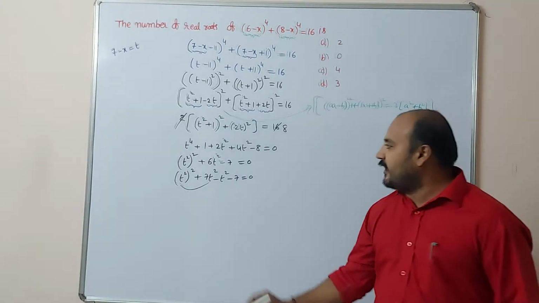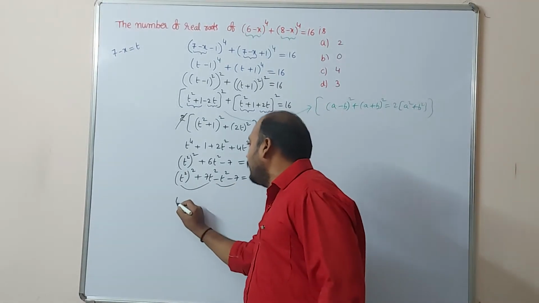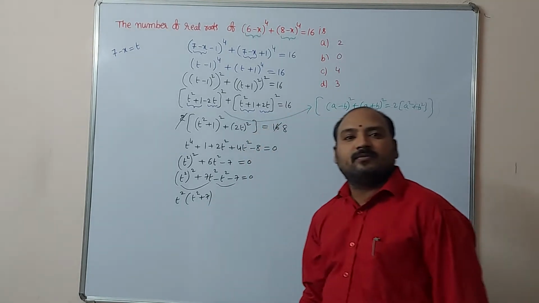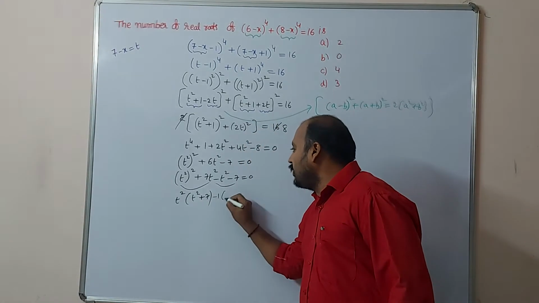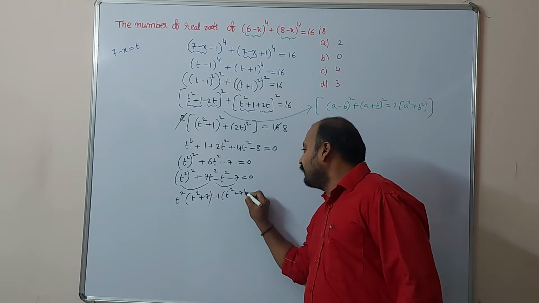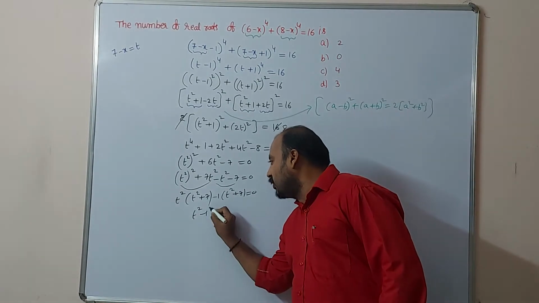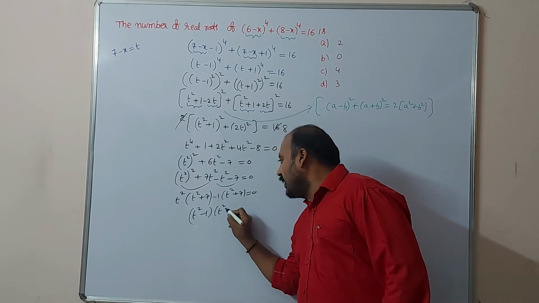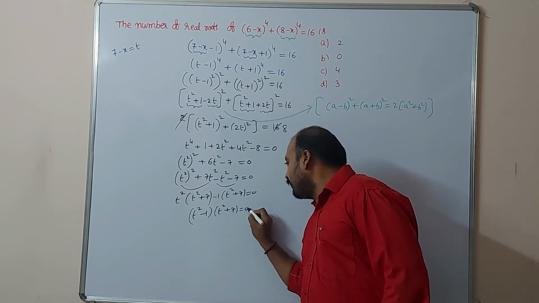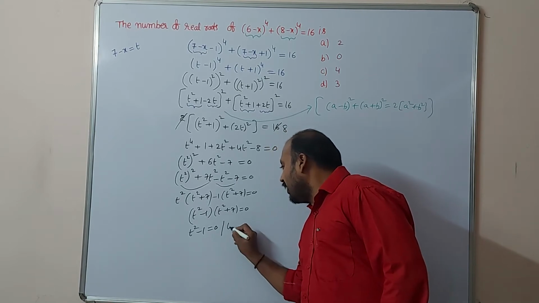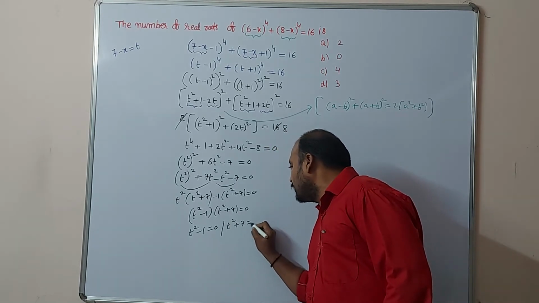From these two, t square take common; from these two, minus 1 take common. t square into (t square plus 7) minus 1 into (t square plus 7). So (t square minus 1) into (t square plus 7) equal to 0. So t square minus 1 equal to 0 and t square plus 7 equal to 0.